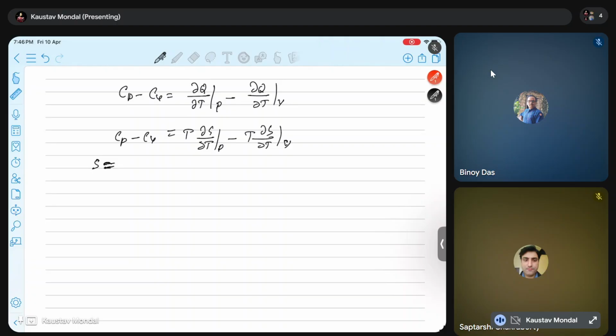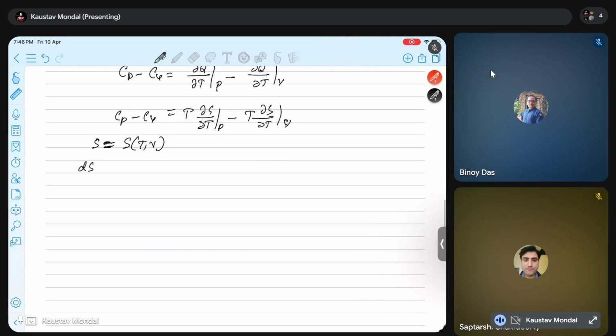Entropy is a function of temperature and volume, so the total derivative is dS equals (del S del T) dT plus (del S del V) dV.